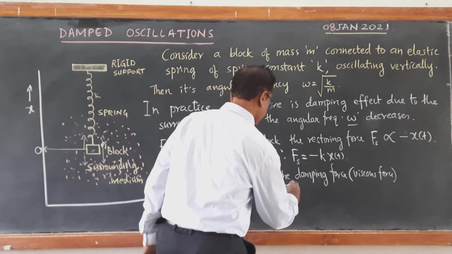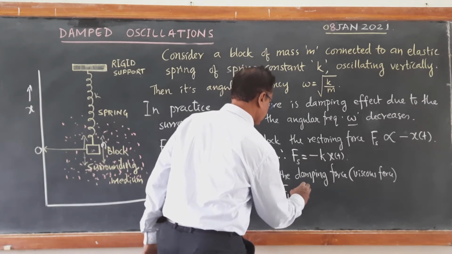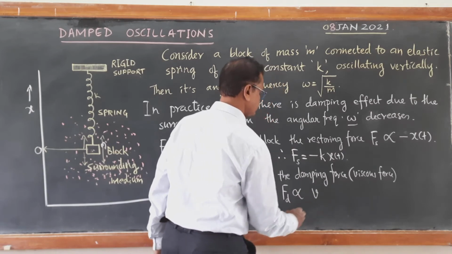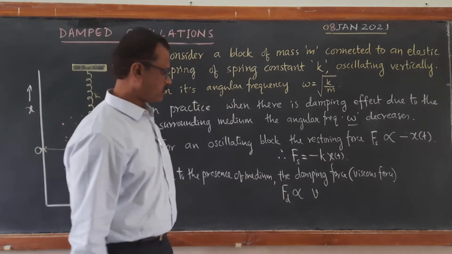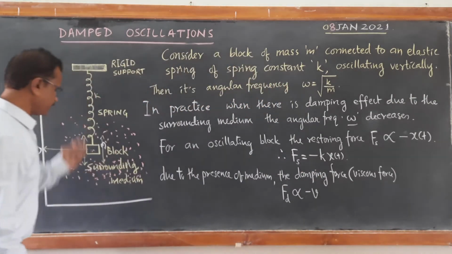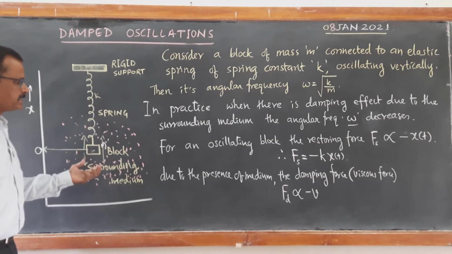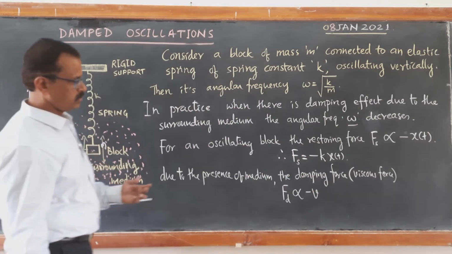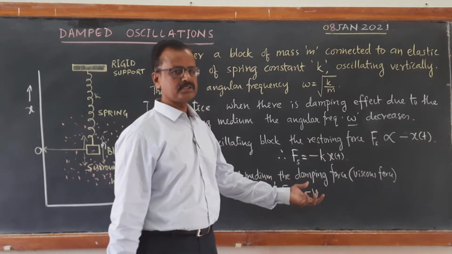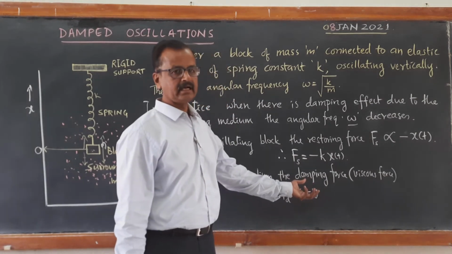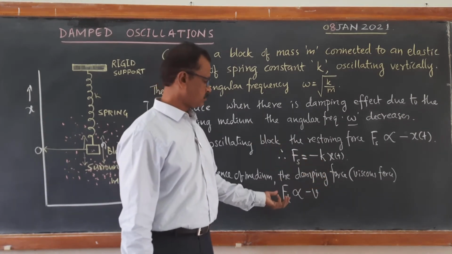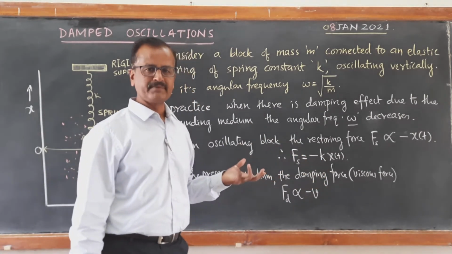We write it as Fd is directly proportional to the velocity, the speed of the moving body, and it is taken to be negative. More the speed of oscillations, more is the opposing force. So the negative sign represents that the damping force or viscous drag is directly proportional to the speed of the moving body. Stokes law also states the same thing.